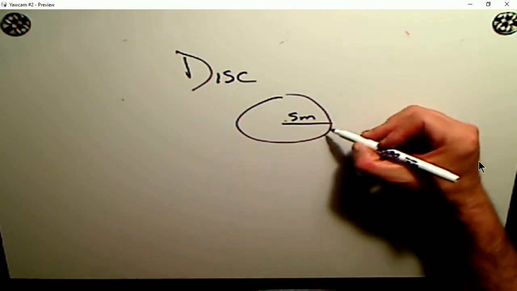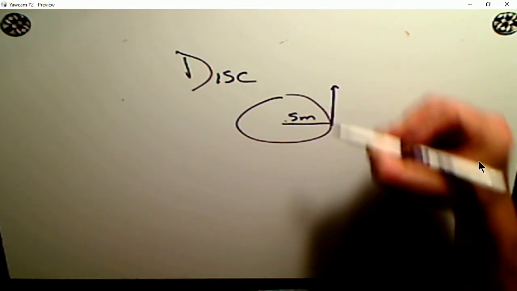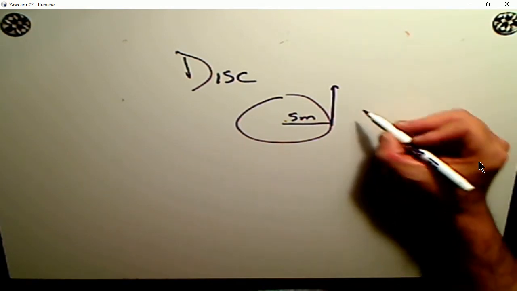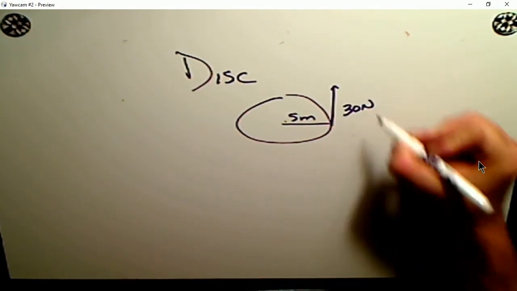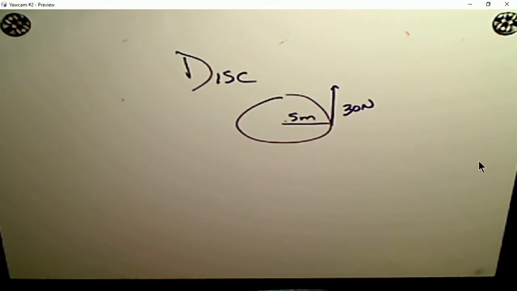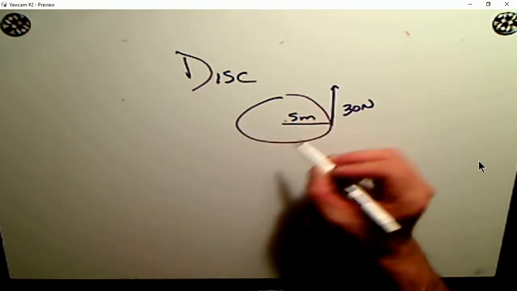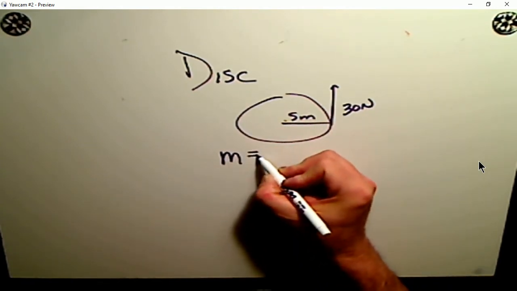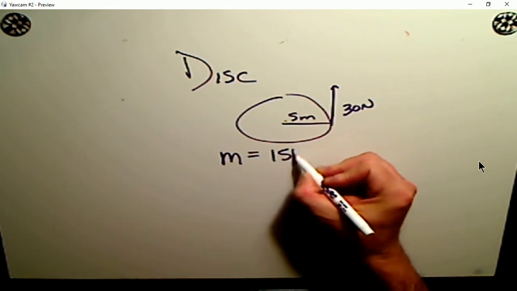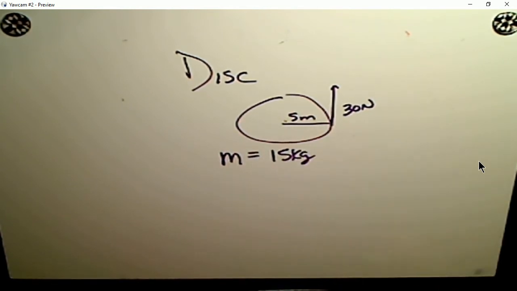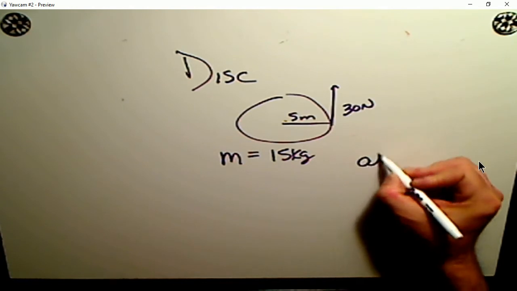I'm going to apply a force at the edge of 30 newtons to cause that to spin. This disc has a mass of 15 kilograms. What is the rotational acceleration? What is alpha?